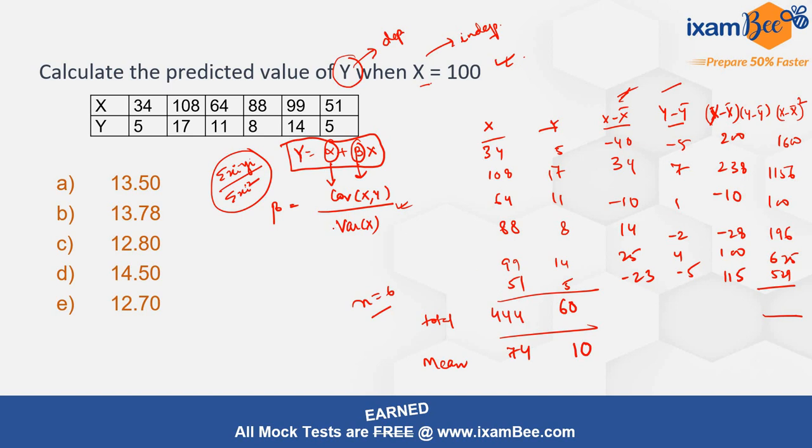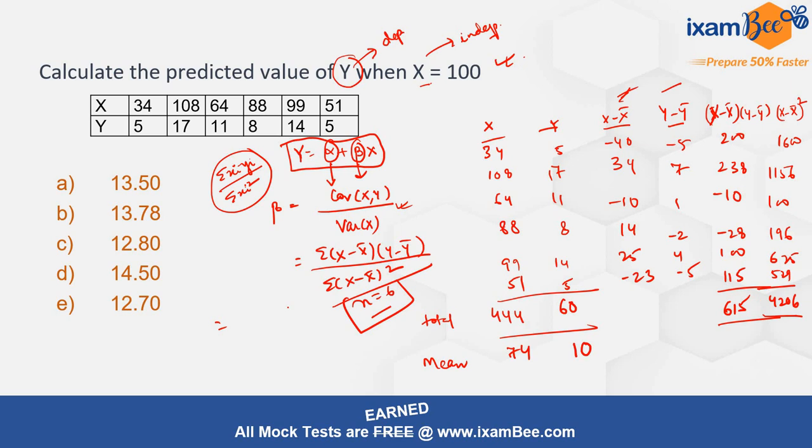Now to find the value of beta, you need summation x minus x bar times y minus y bar upon summation x minus x bar whole square. This will give you the value of beta. So you take the sum of these columns. This is 615 when you sum it over, and this is 4206.